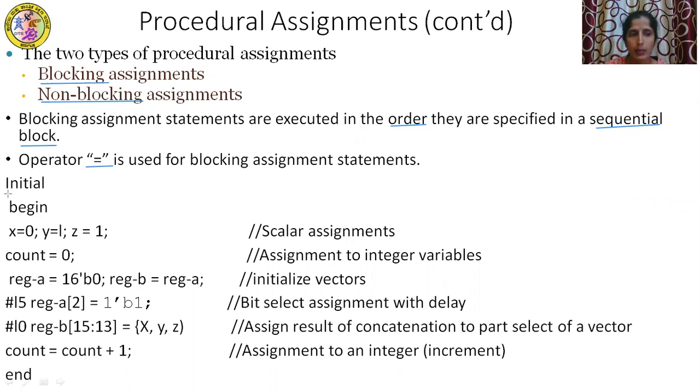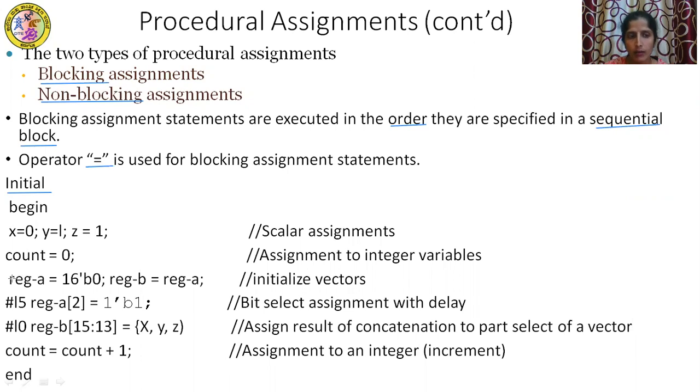Here in this example, it begins with the keyword initial followed by the statements x = 0, y = 1, and z = 1. We need to enclose the statements between begin and end.